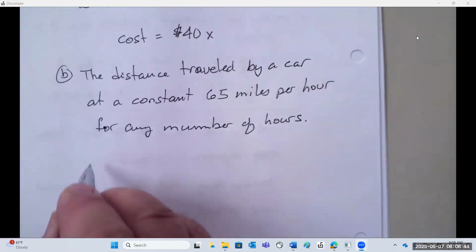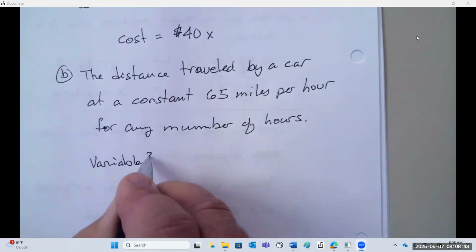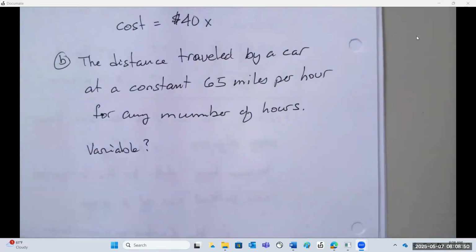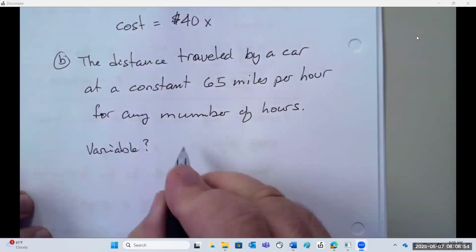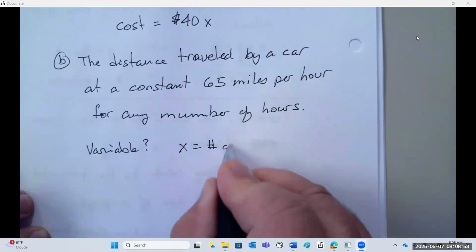So what's the variable? Anybody else who has not answered it? Right. So the variable is number of hours.